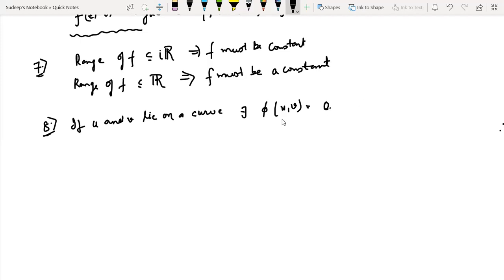Let's say u and v lie on the circle, so basically it is u square plus v square equal to k square, or such and such case. There must be some functional relationship between u and v.